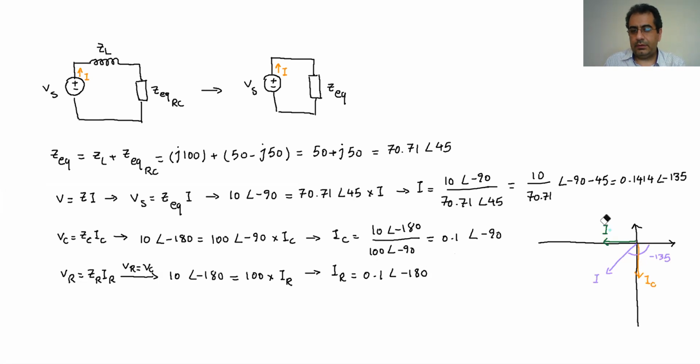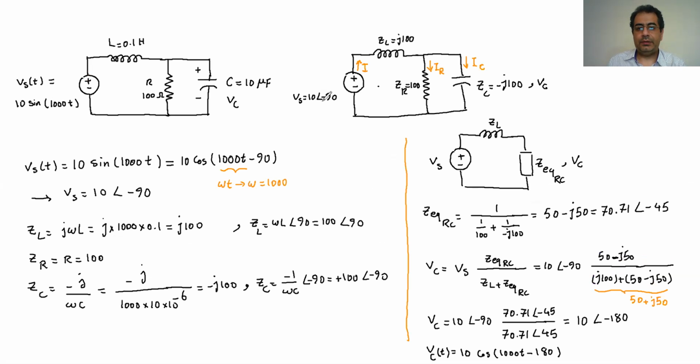And the VS, if you go back here, is 10 with the negative 90.